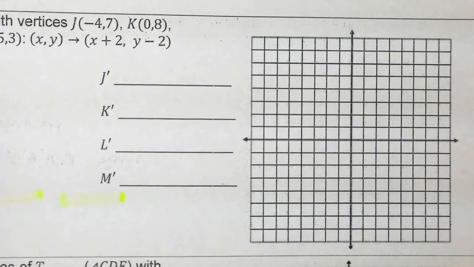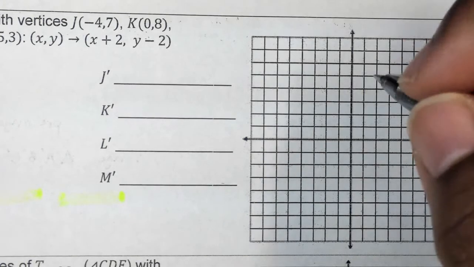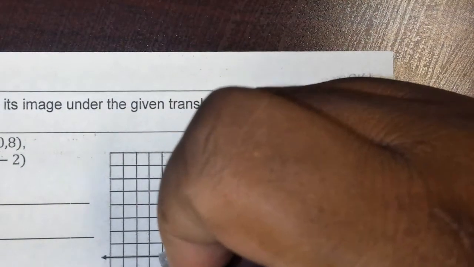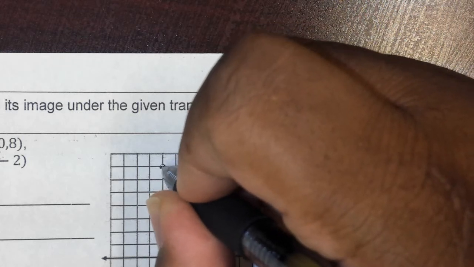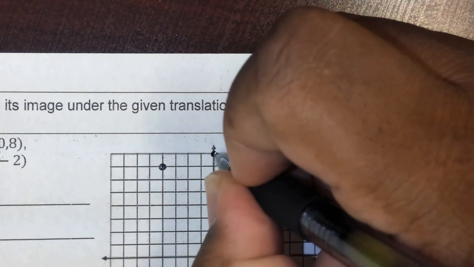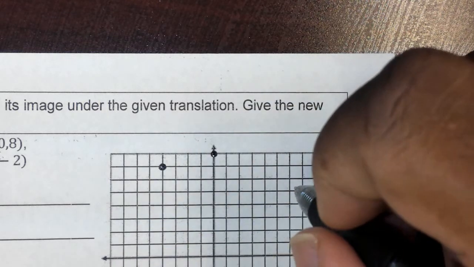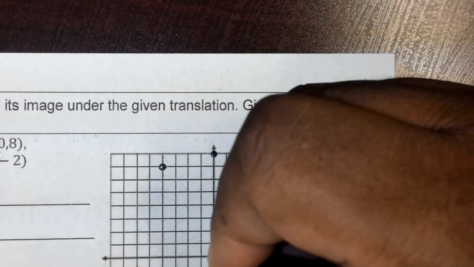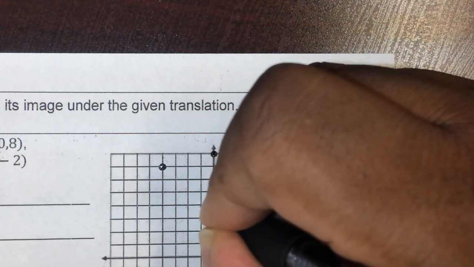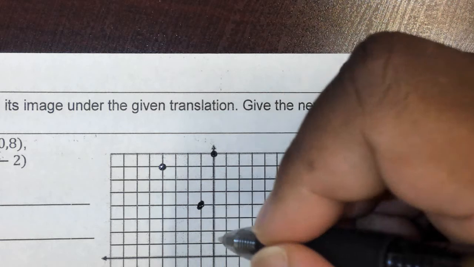Alright. I'm graphing my original image first. -4, 7, 0, 8. -1, up 4, and -5, up 3, 1, 2, 3.